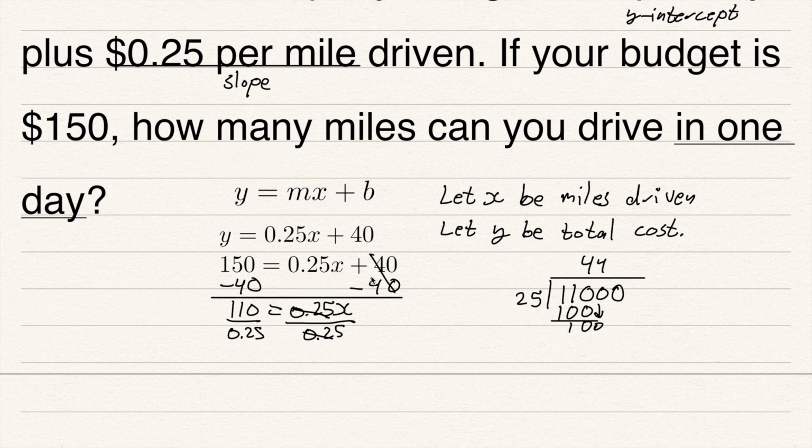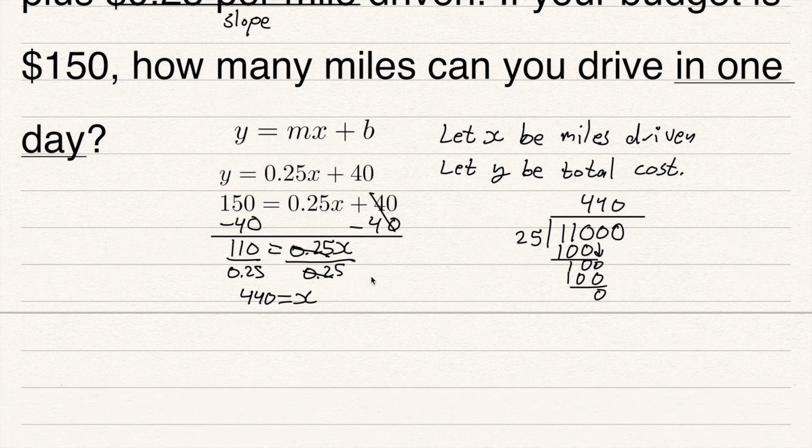It'll fit in four times here, which will give us 440. So 440 is equal to x. X was the number of miles driven in a single day, which is what we were asked for. So we can answer the question: 440 miles.